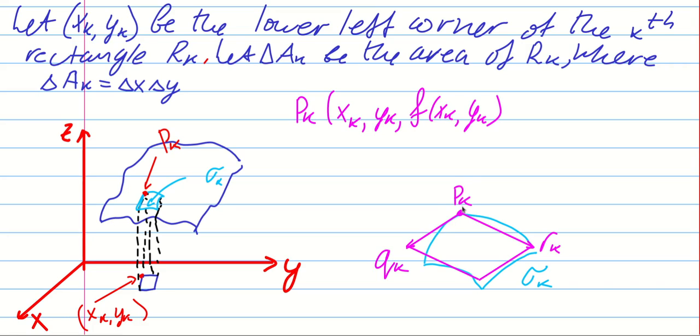So let's denote the area of this blue patch as delta S sub k.